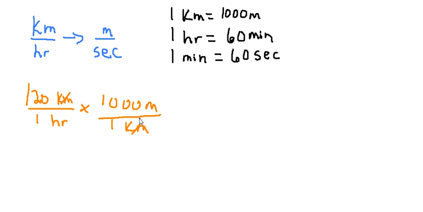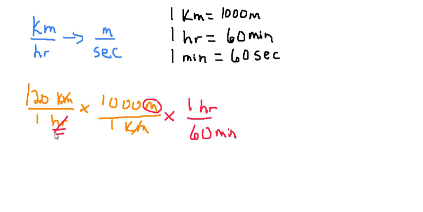So I've got 1,000 meters now. I've got the unit I want up top, the meters, but I have to deal with my hours that are still left in the bottom. Well, I know from my conversion that 1 hour is the same thing as 60 minutes. So I'm going to multiply by 1 hour over 60 minutes.